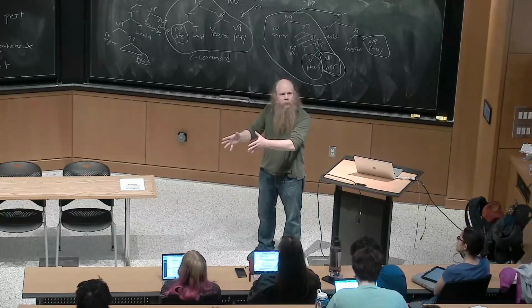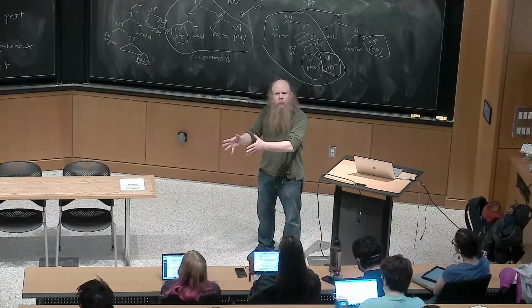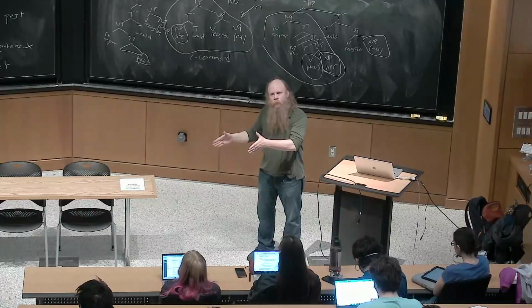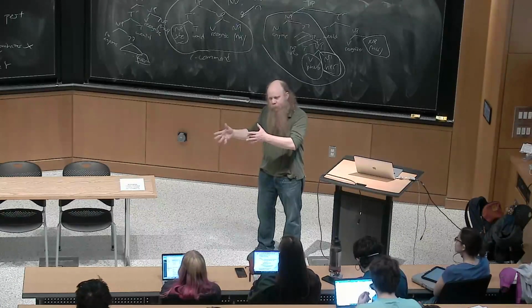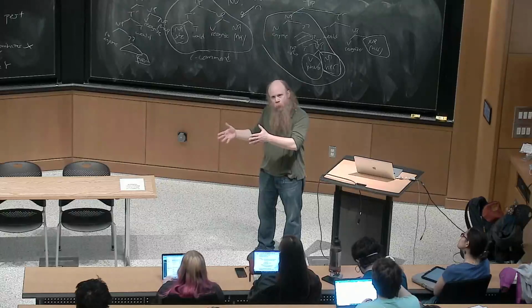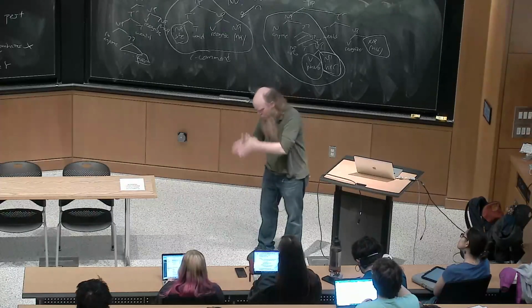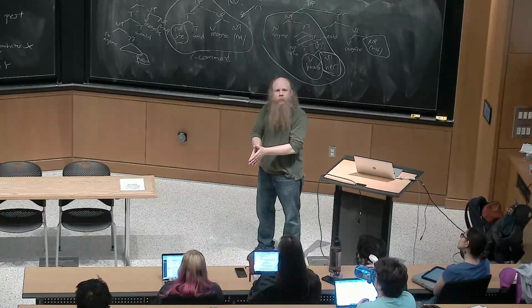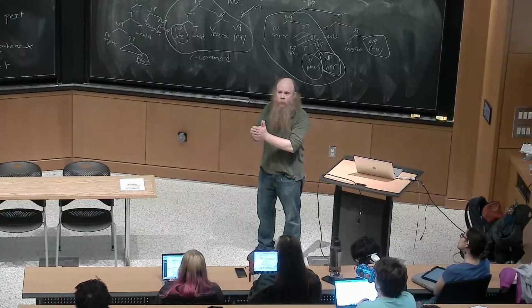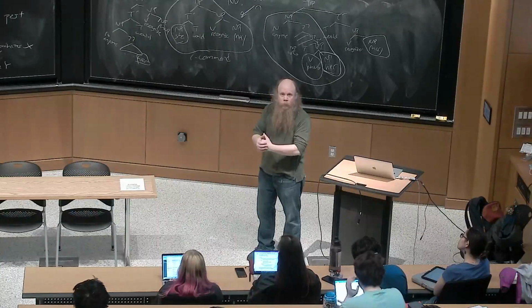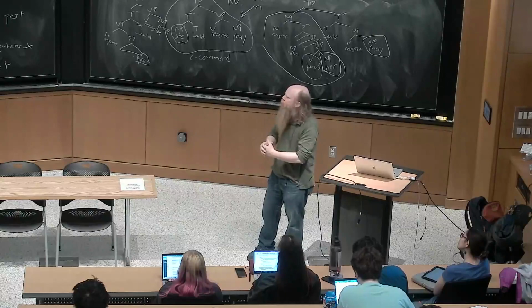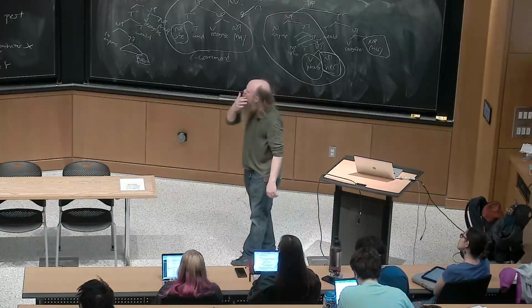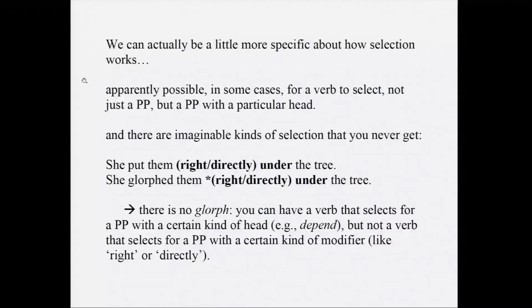Yeah. Selection doesn't work that way. How does selection work? If you're selecting for a prepositional phrase, if you have any restrictions on the kind of prepositional phrase you want, there are restrictions of the form, I would like the preposition to be this. Sometimes there are restrictions of the form, I would like the preposition to be this class of prepositions. So I might have a slide about this later too. Put can combine with a bunch of different prepositional phrases.